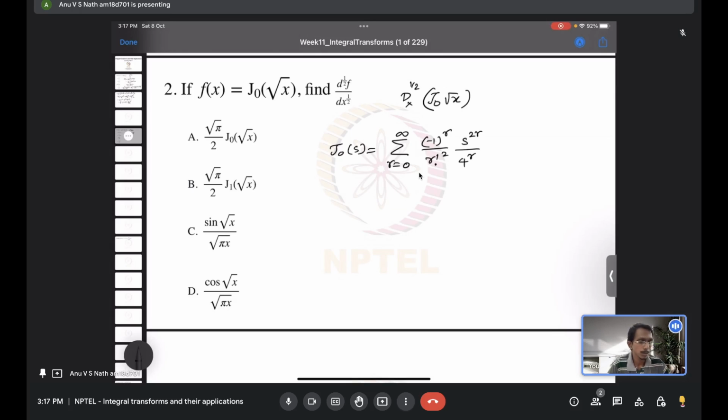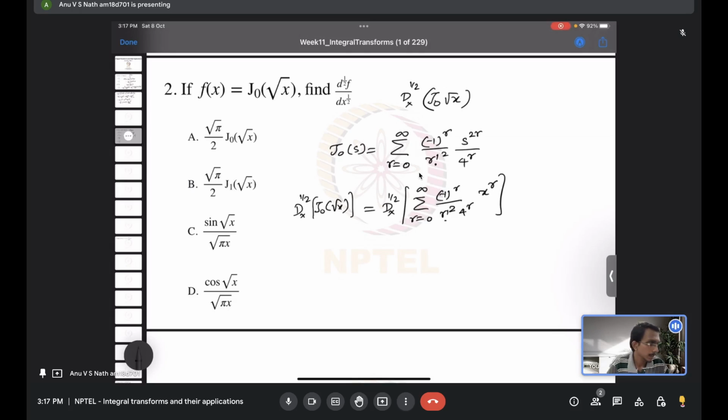So let me show how to do this. First of all, we are applying D to the half on J0 of root x. We can use the Lacroix formula, but let me write it in the polynomial expansion form for J0 of root x, which is the sum over r equal to 0 to infinity of minus 1 to the r, over r factorial squared, 4 to the r, then root x to the 2r, which is basically x to the r.